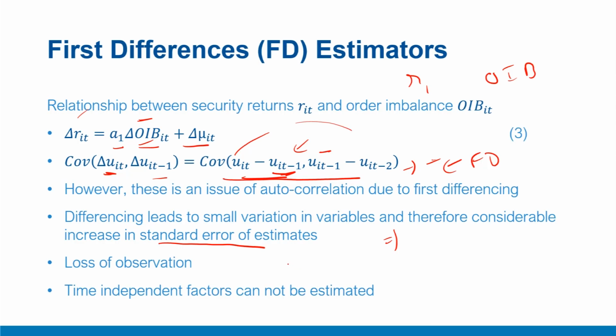Secondly, you also have loss of observations due to differencing. For each security, there is loss of the first observation at t equal to 1, and therefore if there are n securities, you have a loss of n observations. Also, I cannot account for terms that are time independent. Any term which is time independent will be eliminated in this procedure, like we saw that alpha i and a naught, the constant terms, were eliminated.